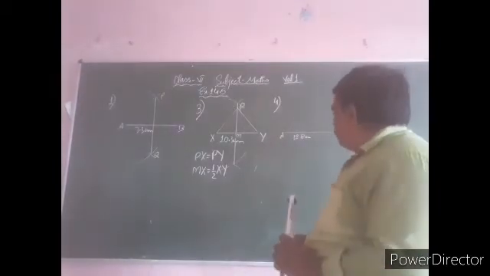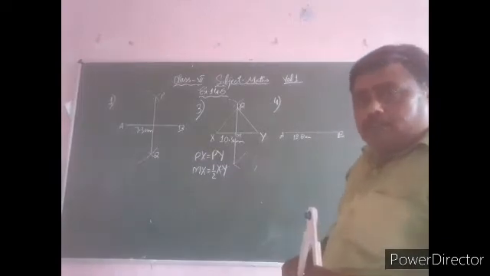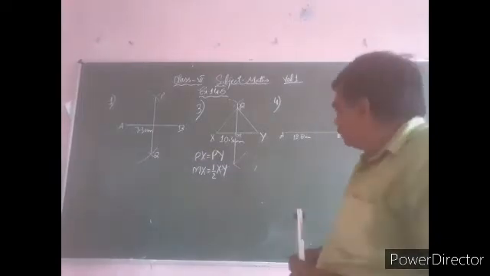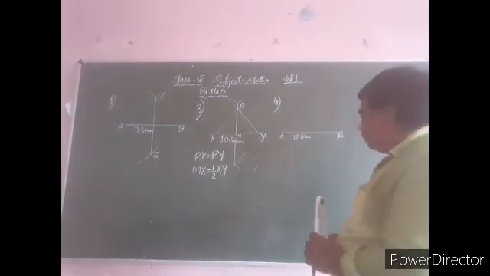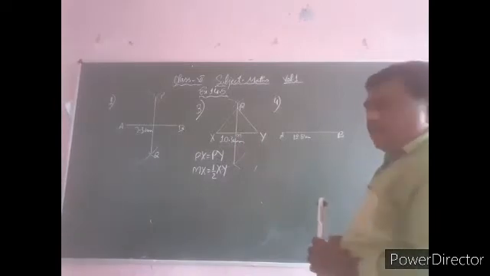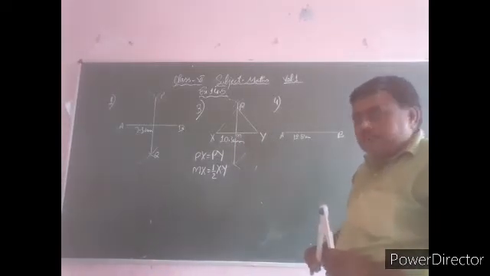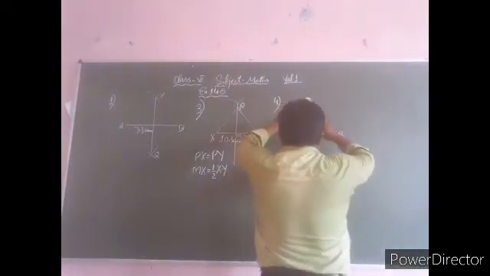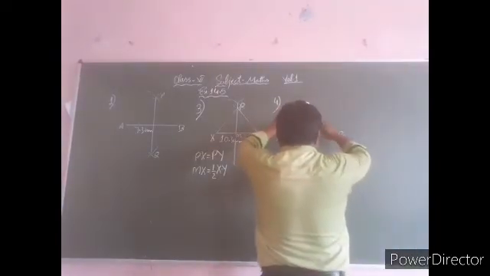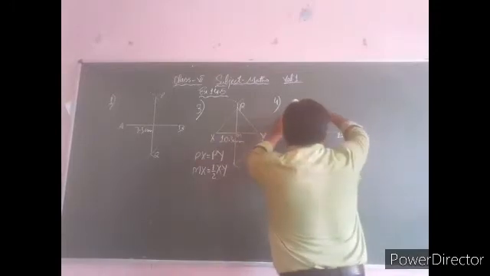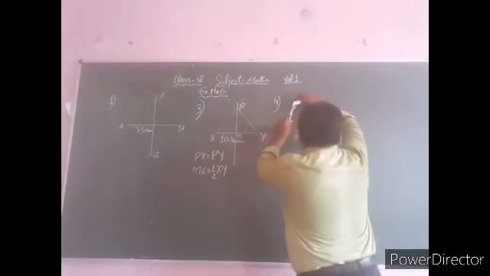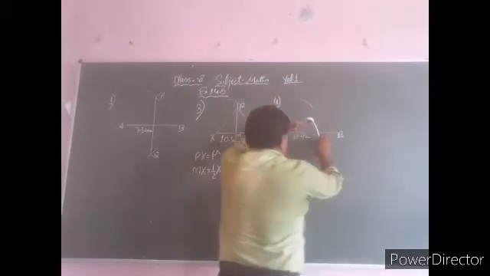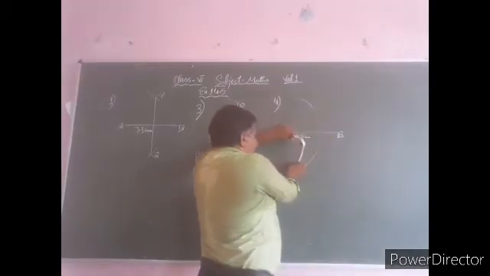AB is equal to 12.8 centimeters is drawn. Step number 2. Taking A and B as the centers and radius more than half of AB, arcs are drawn.